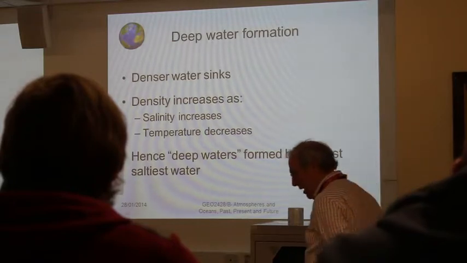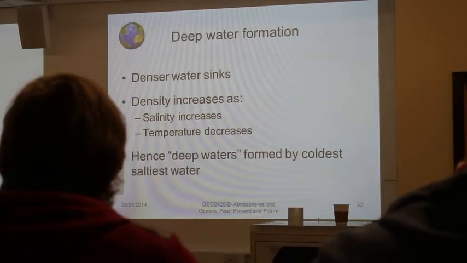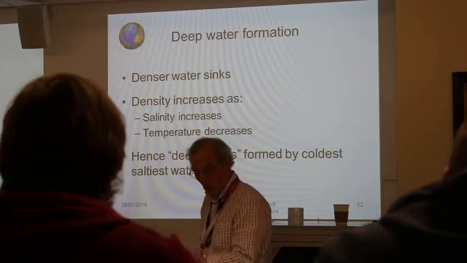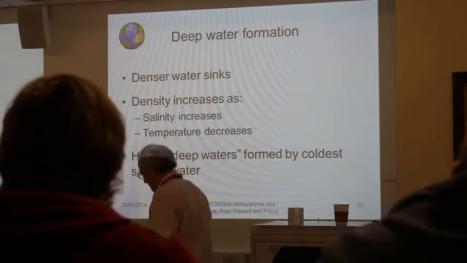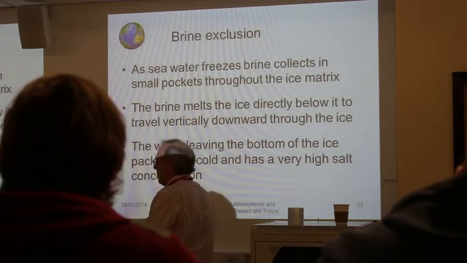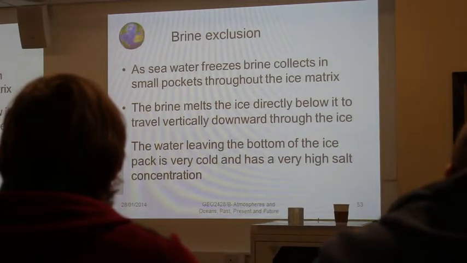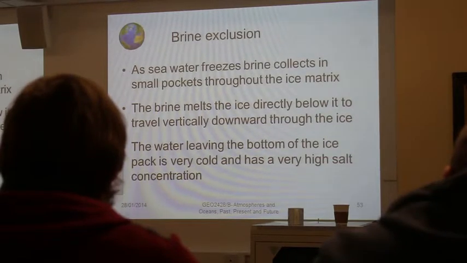So the net effect at high latitudes, of the cold and high salinity, is that the water will tend to sink down to the bottom of the water column. Now, this is enhanced by the process of brine exclusion.